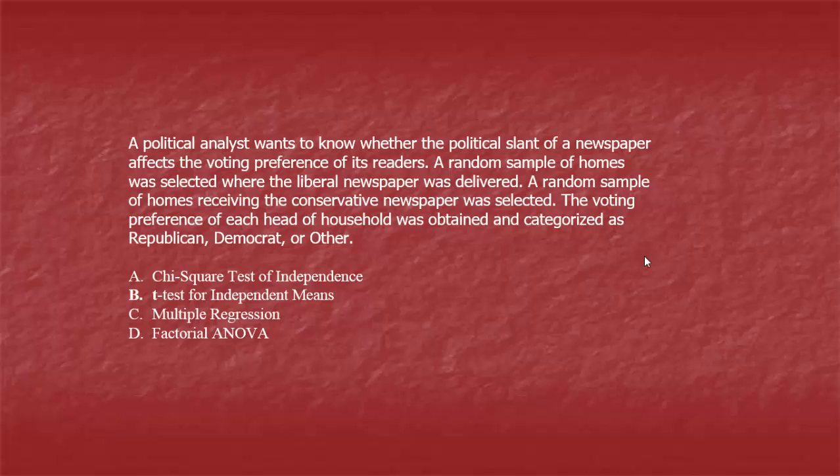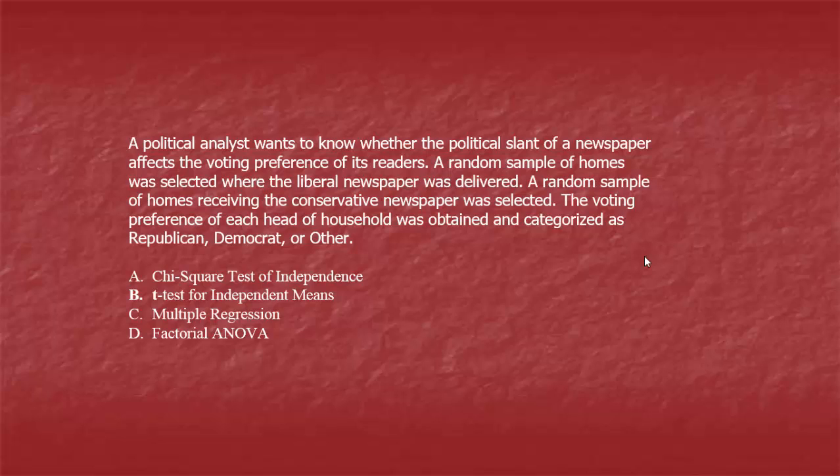So think about what types of variables we have here. They want to know if the slant of the newspaper affects voting preference. They want to know if slant of the newspaper predicts the voting preference. How do they measure the slant of the newspaper? They just had one sample of homes that got the liberal newspaper, and one that got the conservative newspaper. So is that a categorical or continuous variable?